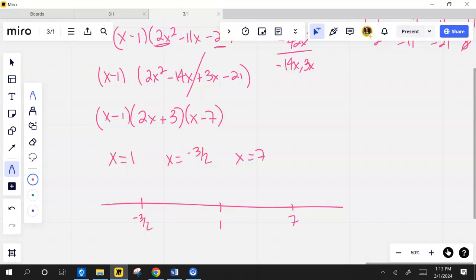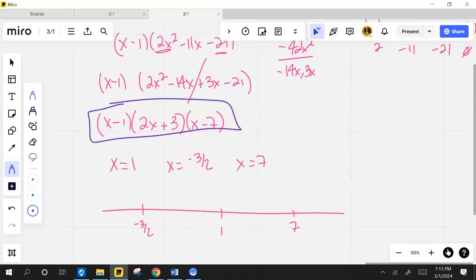All right, so what am I plugging into? I'm plugging back in. I would go with the factored form, because remember when you talked about those times you wouldn't have a calculator? All right, so if I'm smaller than negative 3 over 2, maybe I am negative 4. If I put negative 4 in, I'm multiplying 3 things together.